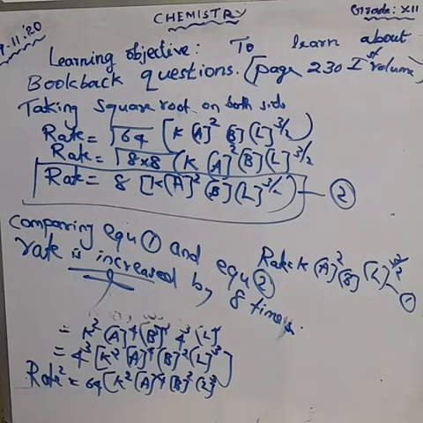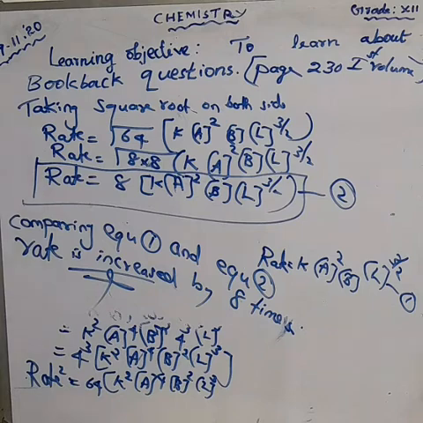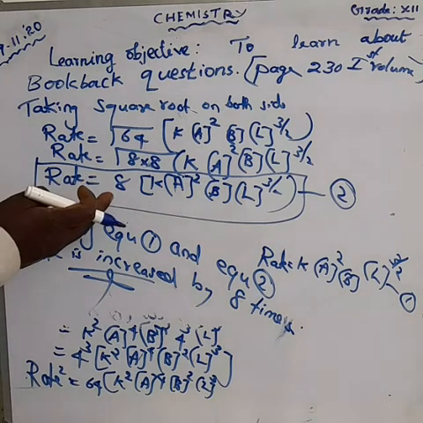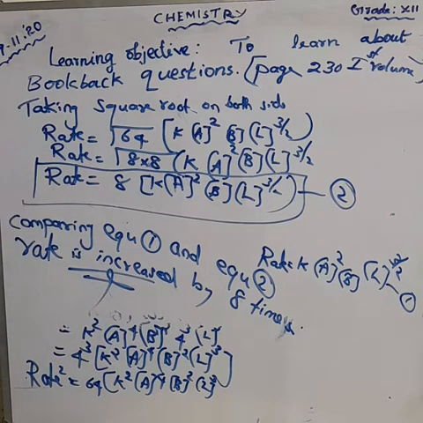Okay, as per our textbook question number 10, the first point, concentration of L is quadrupled. Am I right? So when we are comparing equation 1 and equation 2, the rate is increased by 8 times. What is about the next one?